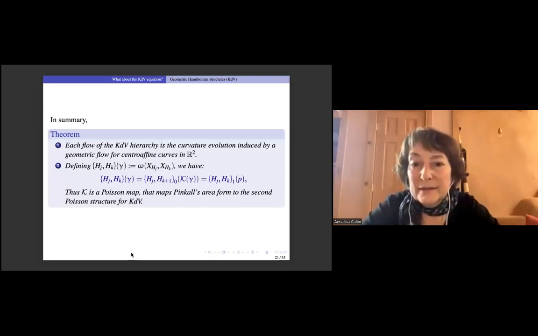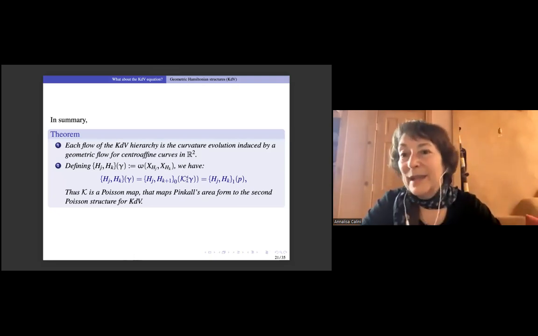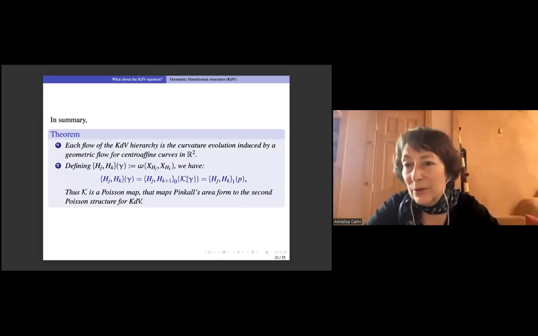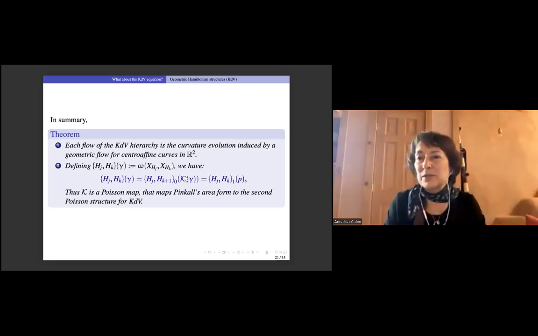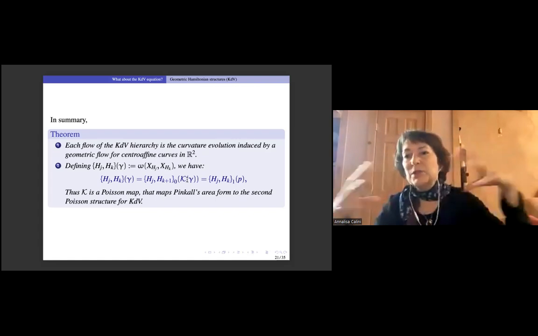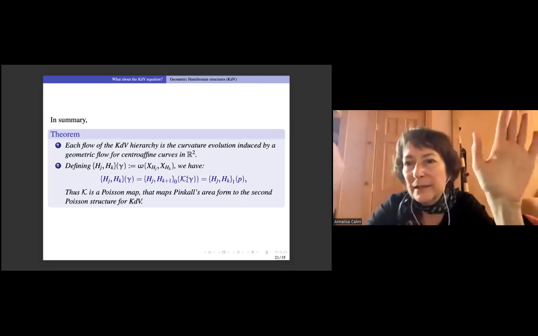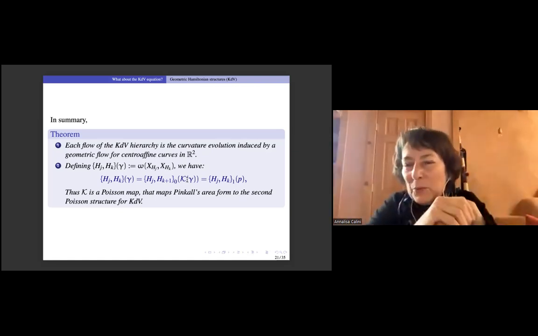Moreover, the equivalent of the Asimov map, taking your curve to its centroaffine curvature, is also a Poisson map that takes the Pinkall area form to the second Poisson structure of KdV. Again, there is a shift in Poisson structure, but this shows the equivalence of the two systems of PDEs, the geometric flow in centroaffine R2 and the KdV equation.